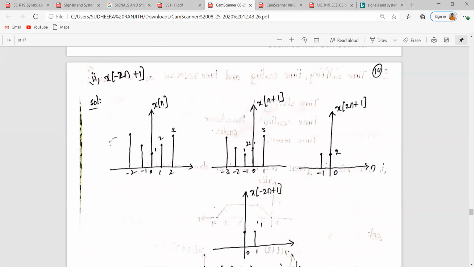Next, we would like to plot x of minus 2n plus 1. Here, all the three operations are involved. So, we should follow the precedence order. First, x of n should be shifted, x of n plus 1.